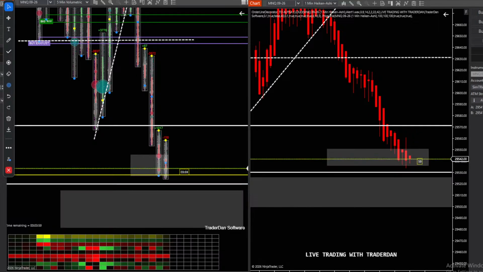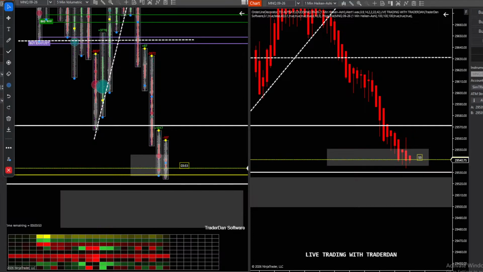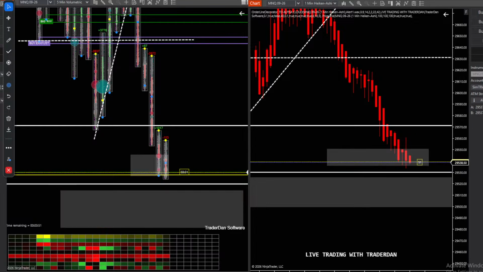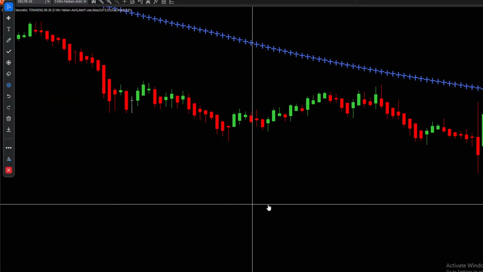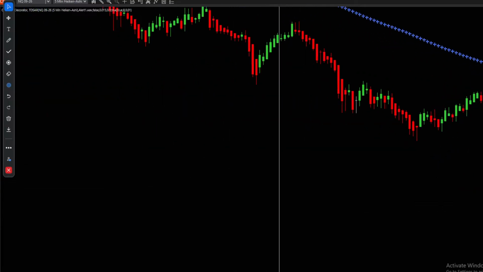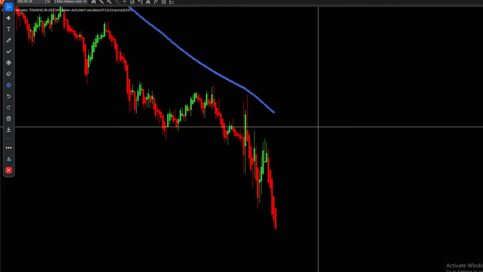I didn't have it up, so I was focused on order flow more than anything. But if we look, all right, I got it. So this would have been the SAR this morning. You had no trade here. It was still short.